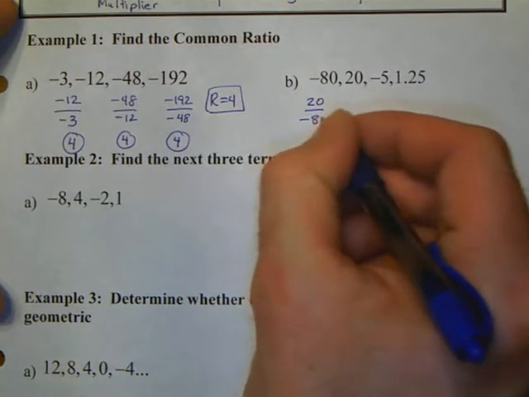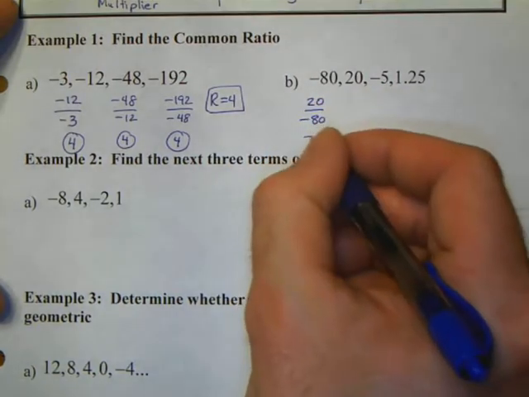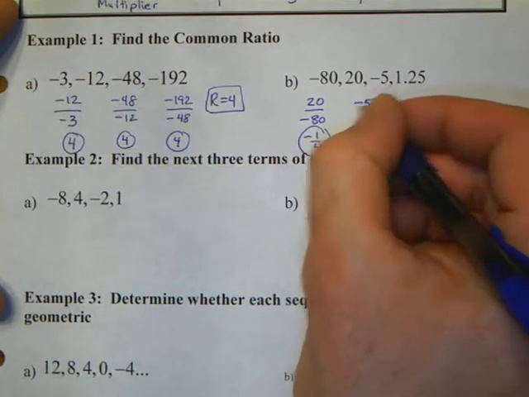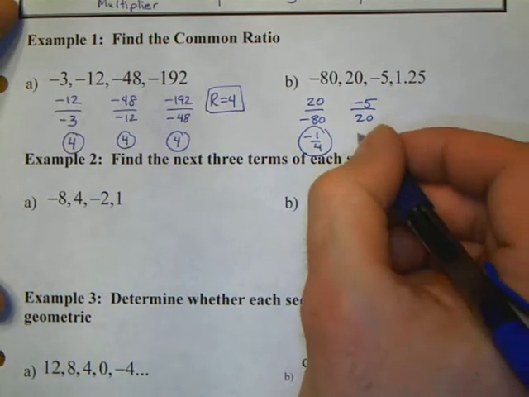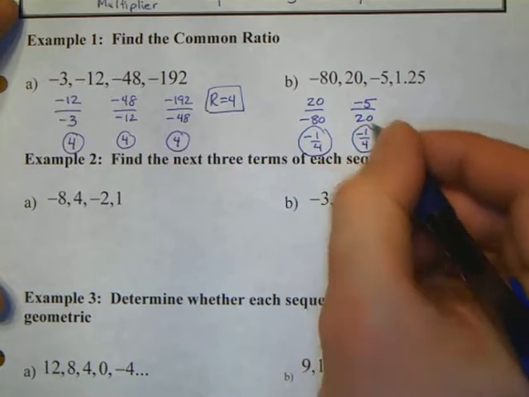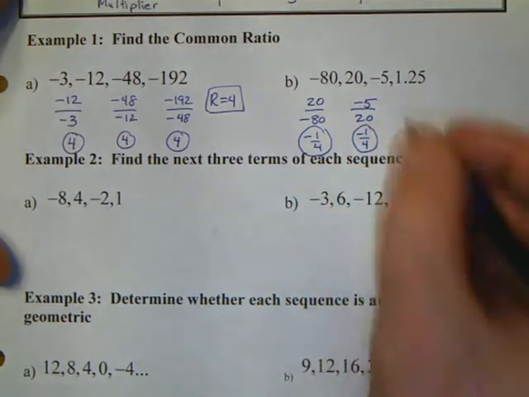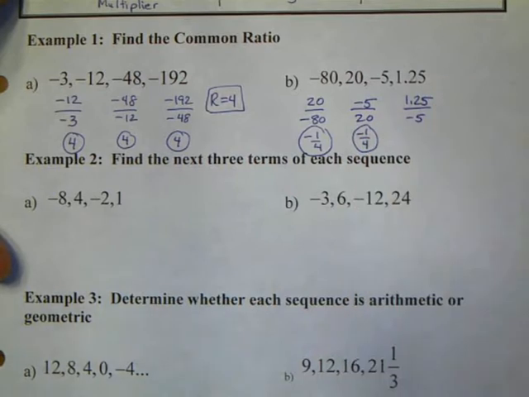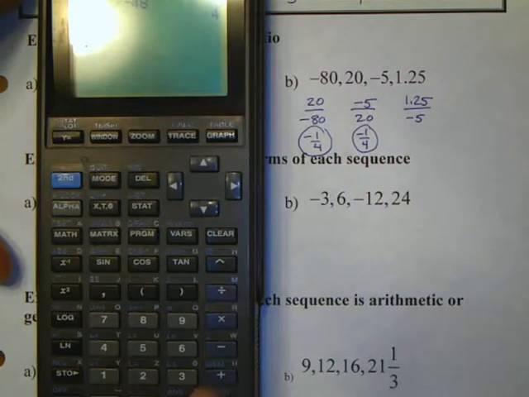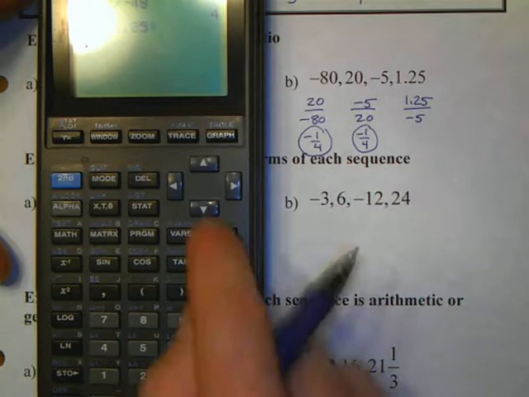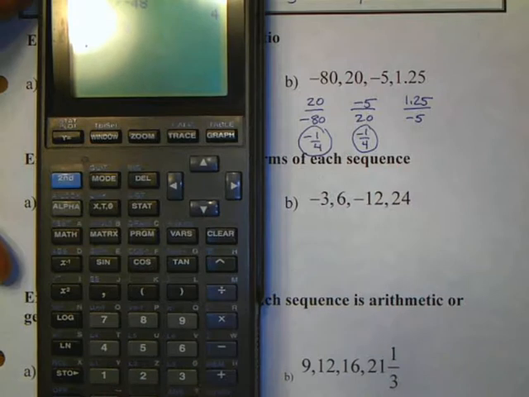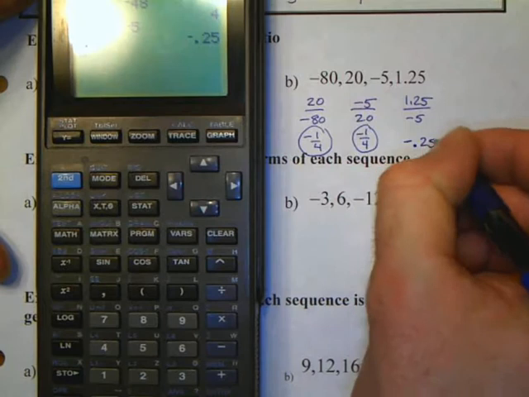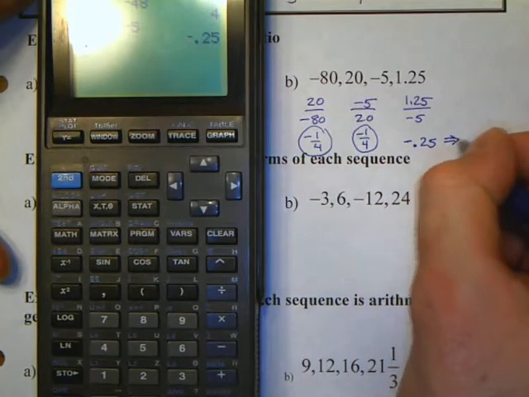Now even if these first two work, the third one still has to work to be a common ratio. So I'm going to take my calculator, 1.25, and divide that by negative 5. And I get negative 0.25. Well, negative 0.25 is the same as negative 1/4. So in all three cases, we have the same common ratio, and so R equals negative 1/4.